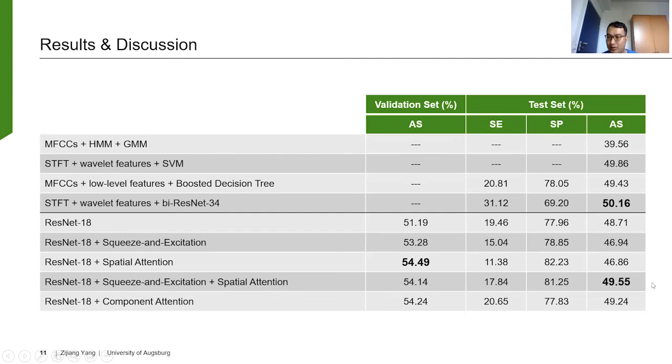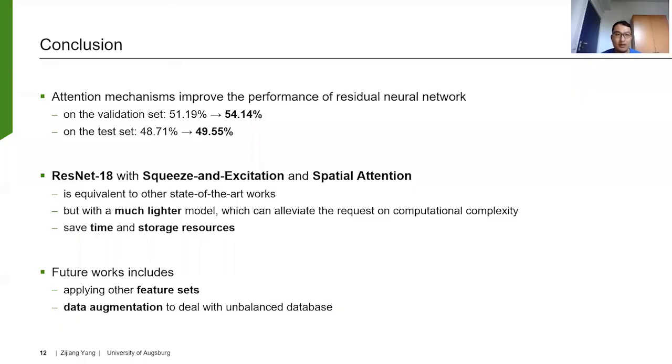This model reached 49.55% of the average score, which is equivalent to the best result in the state-of-the-art work. So in conclusion, our work proved that the attention mechanism improves the performance of the residual neural network on the respiratory classification task.